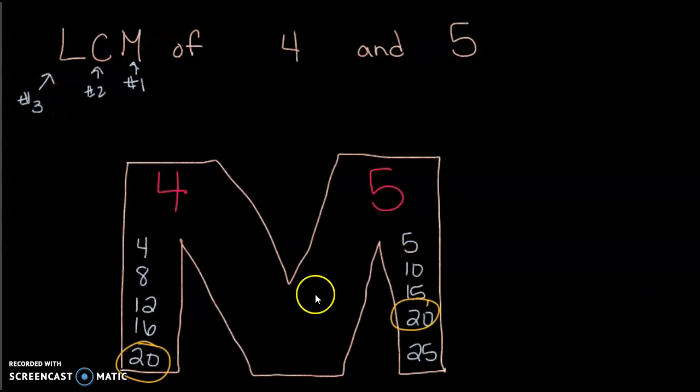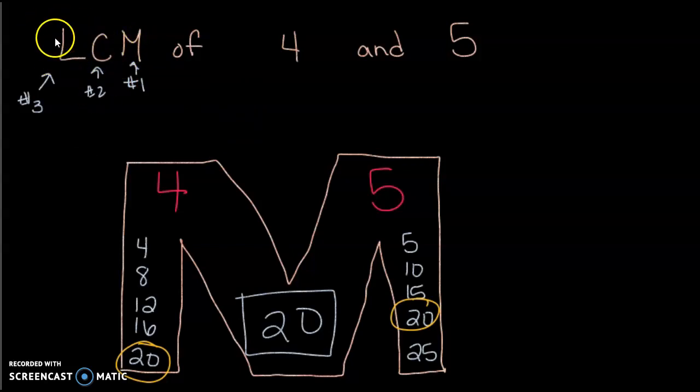They only have one in common anyway, so we're going to go with the number 20. This would be your LCM of 4 and 5. We found the multiples, we found the common one, and we found the least of the common ones. They just happen to be the same one.